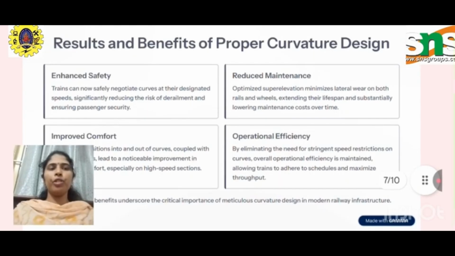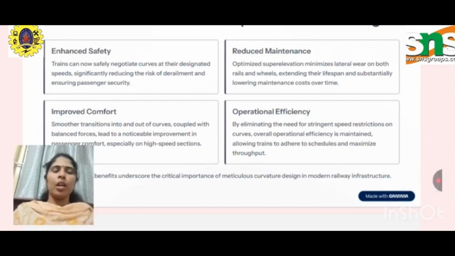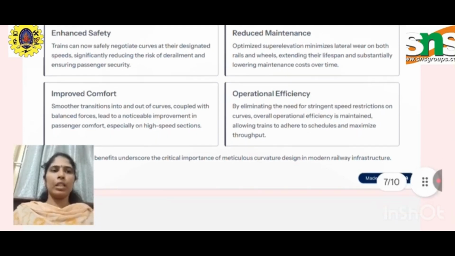Results and benefits of proper curvature design. Enhanced safety: trains can now safely negotiate curves at their designated speeds, significantly reducing the risk of derailment and ensuring passenger security. Reduced maintenance: optimized super elevation minimizes lateral wear on both rails and wheels, extending their lifespan and lowering maintenance cost over time.